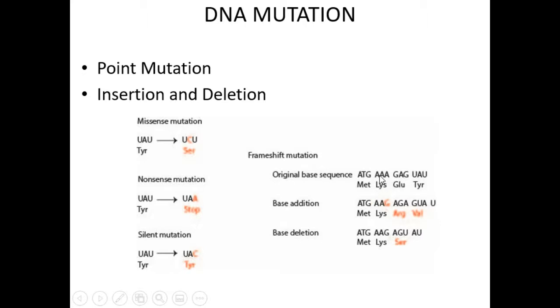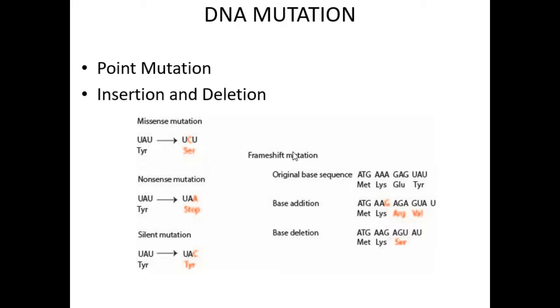Now it becomes ATG, AAG, and everything moves into the next reading frame, so it'll be AGA and GUA. That's the frameshift: you shift the reading frame. Or you can have a base deletion, where you delete one nucleotide and also shift the reading frame. If you add or delete one or two nucleotides, that can cause a frameshift.